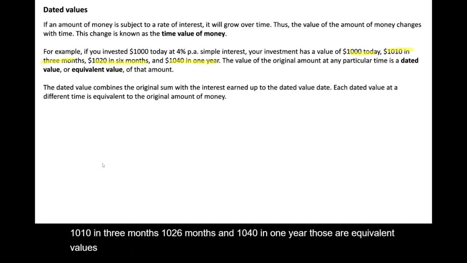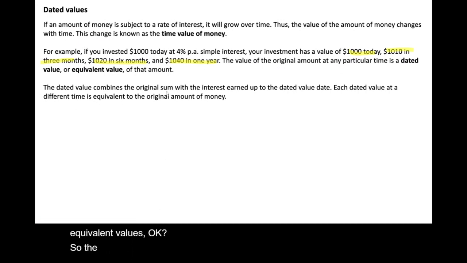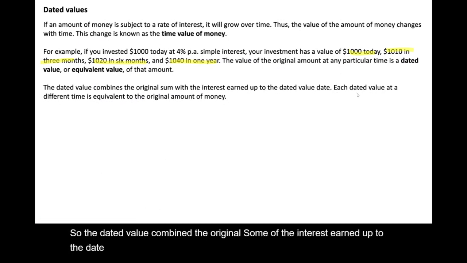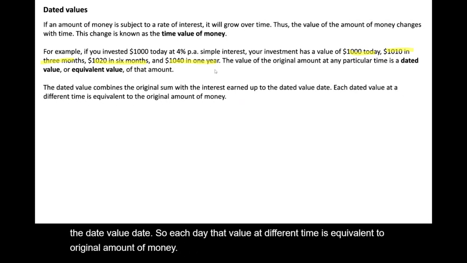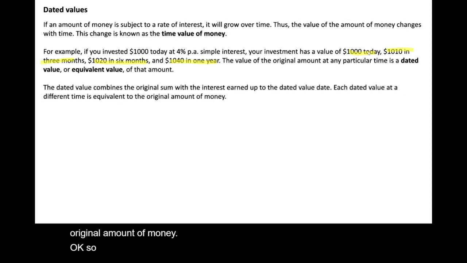So the dated value combines the original sum and the interest earned up to the dated value date. So each dated value at a different time is equivalent to the original amount of money. So 1,000 plus 10, 1,000 plus 20, plus 40. Any questions, guys?